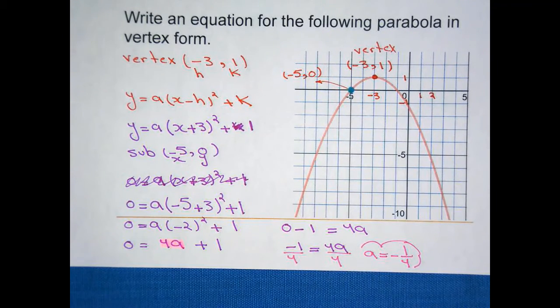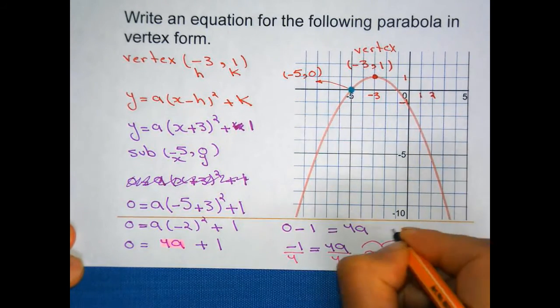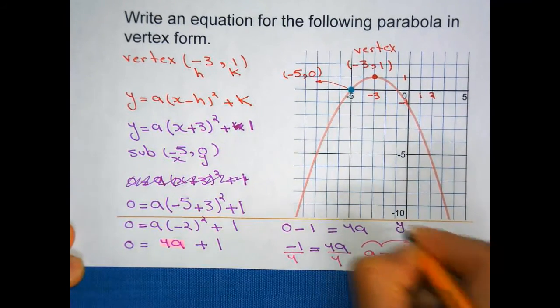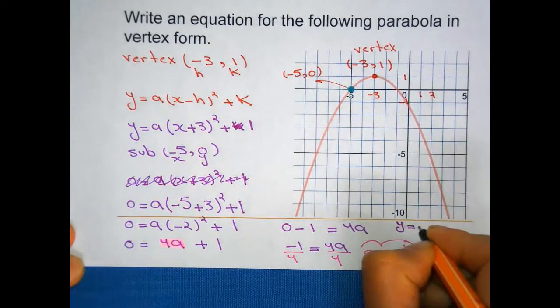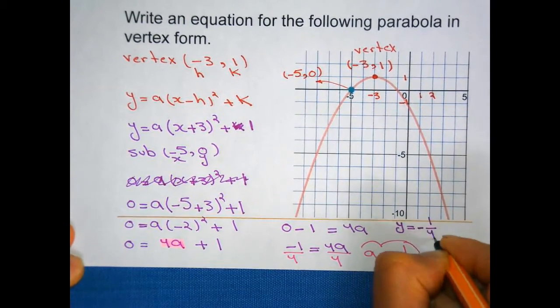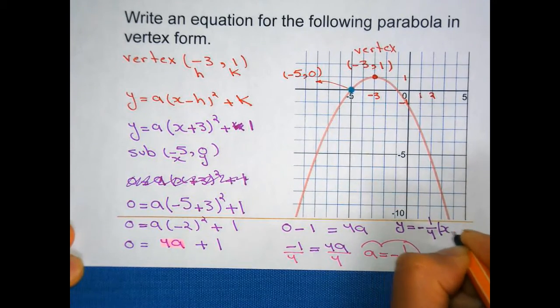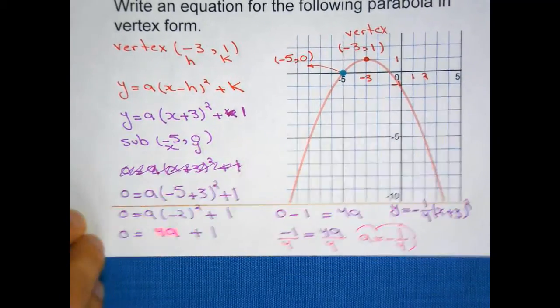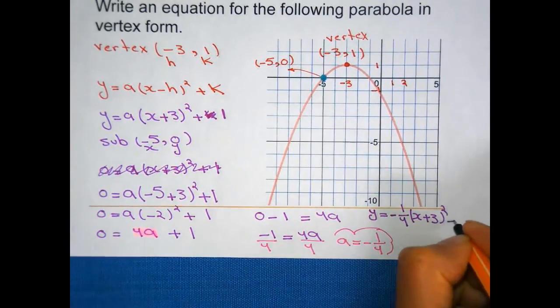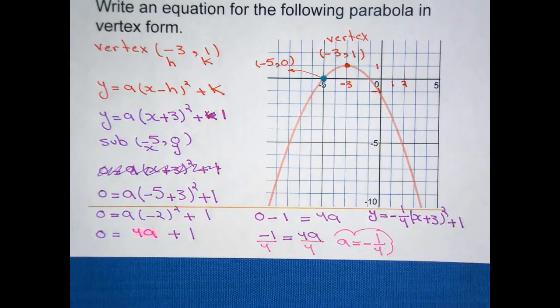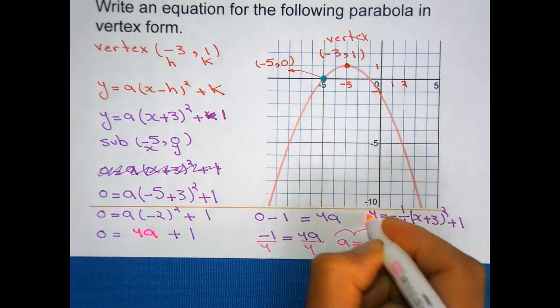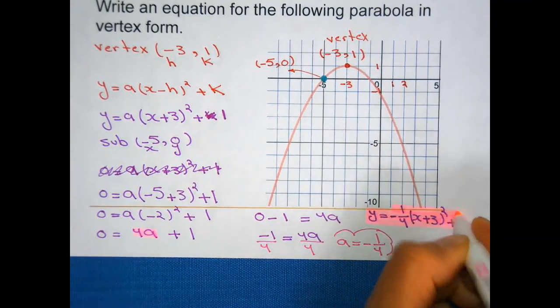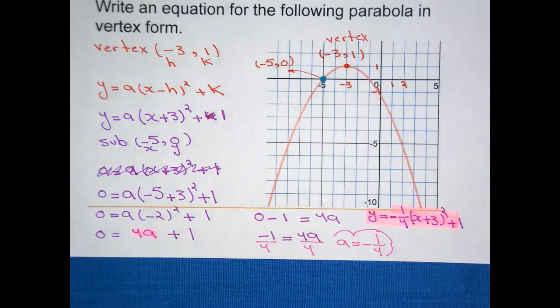And now we are ready to write our equation. So y equals a, which is negative 1 over 4, times x plus 3 squared plus 1, and this will be the final equation for this parabola.